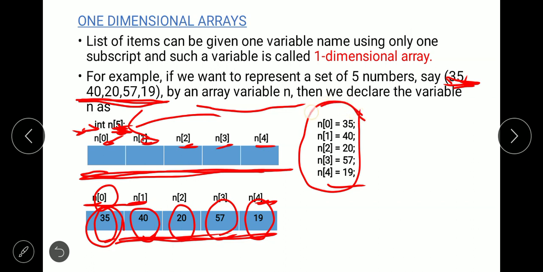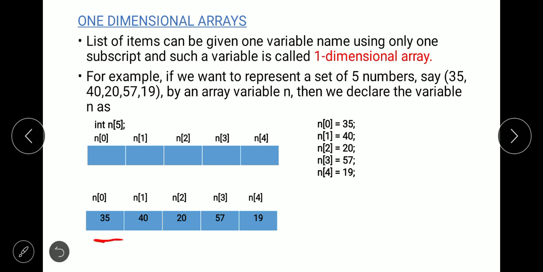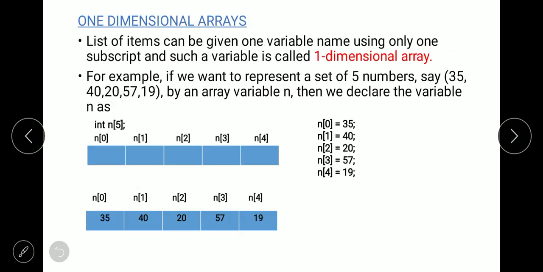And so this assignment will be stored in the memory in this way. The first location is n of 0, then n of 1, n of 2, n of 3 and n of 4. So this is a contiguous memory location. I'll show here only 35, 40, 20.